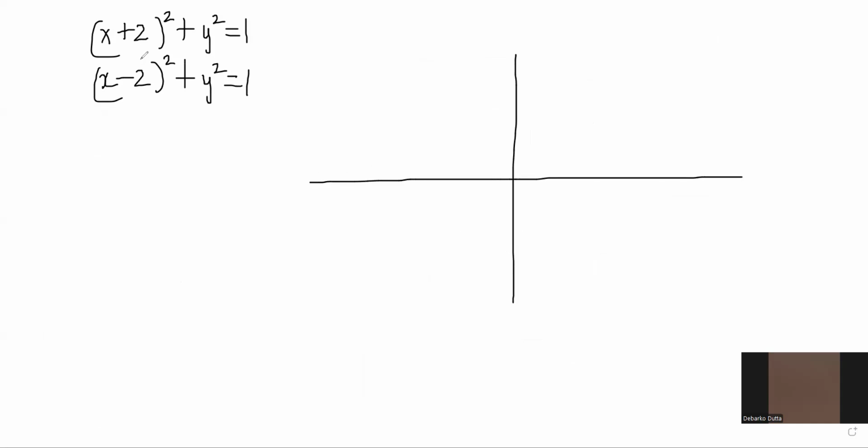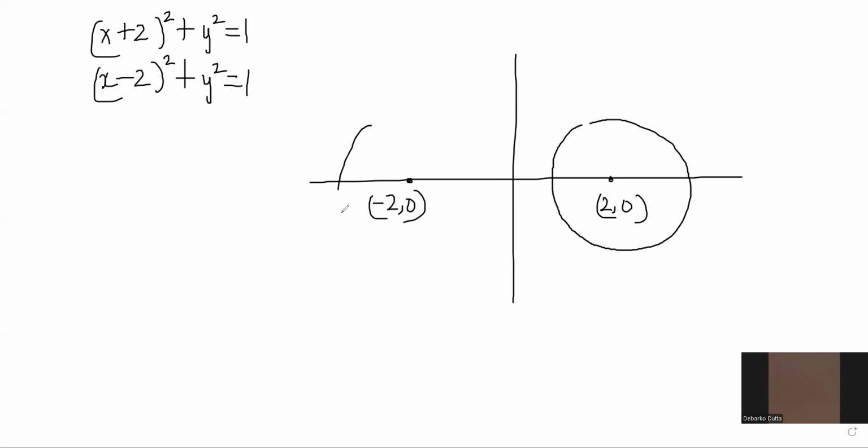One circle has center at 2 comma 0. The other circle has center at minus 2 comma 0, right? Correct. Yes, sir. And radius of both the circles is 1. So it will be like this, one circle, and like this, another equal circle, right? Correct? Yes, sir.